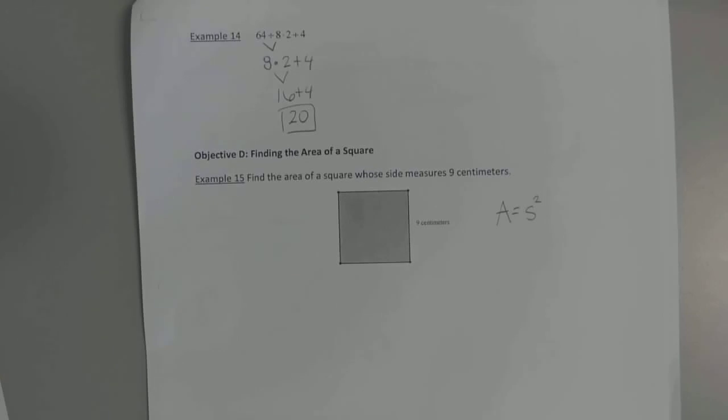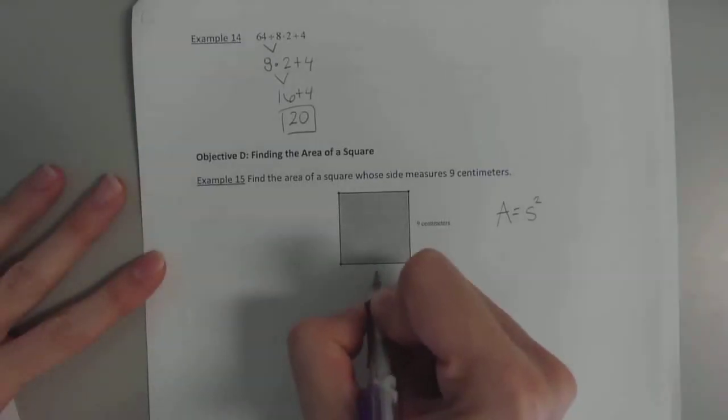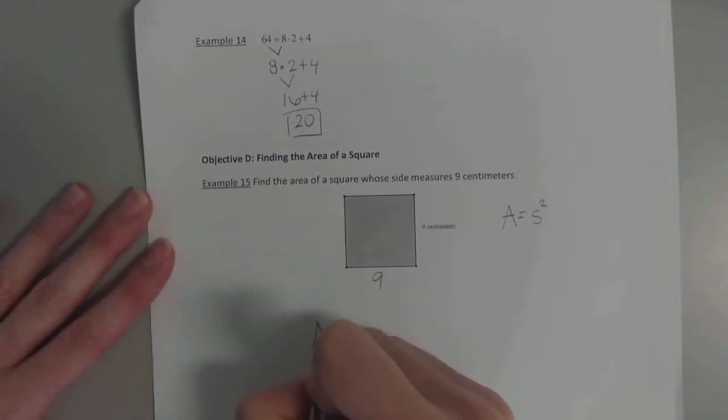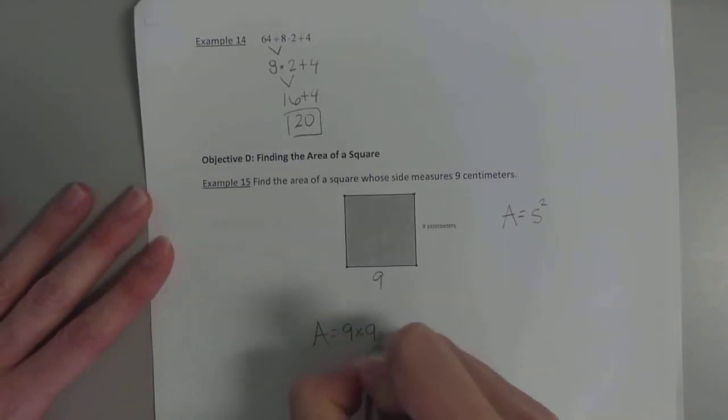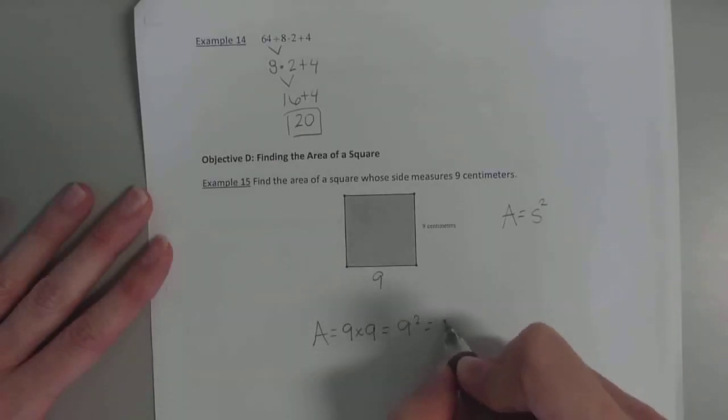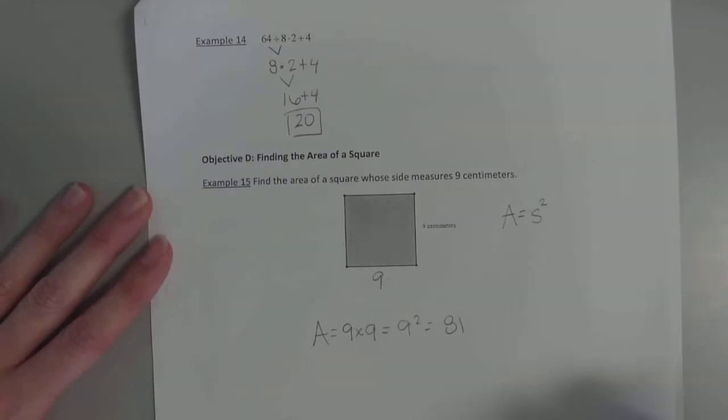We didn't know about exponents before. Now we do, so now they can give you this formula. I don't memorize that. I just say it's a special rectangle, base times width, length times width, base times height. I don't care, okay? So guys, the area is just going to be 9 times 9, or what? 9 squared, which is 81.